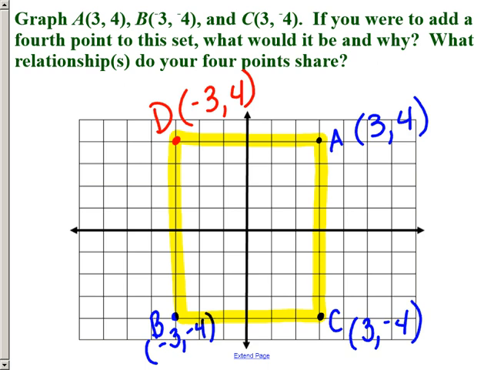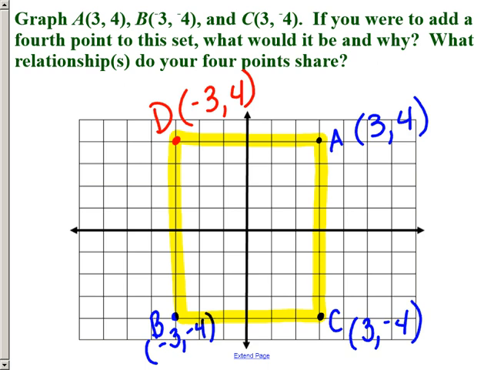That certainly fits, but I want to talk about those points and what relationships we notice between them. First of all, I hope you notice that all 4 of those points have an x-coordinate with an absolute value of 3, and a y-coordinate with an absolute value of 4. That's why they make a rectangle.